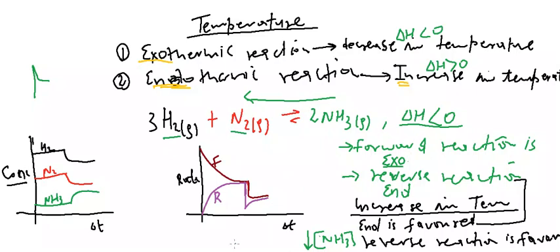So let's go and draw our graph. Since we are talking about temperature, this one will decrease and reach new equilibrium. Then the nitrogen increases and reaches new equilibrium, and the hydrogen increases and reaches new equilibrium.